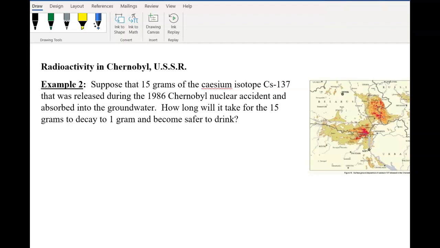So in 1986, we saw that there was this radioactive substance in Chernobyl. There's this area and people are living there, and these nuclear bombs kind of went off that contained this potassium isotope.